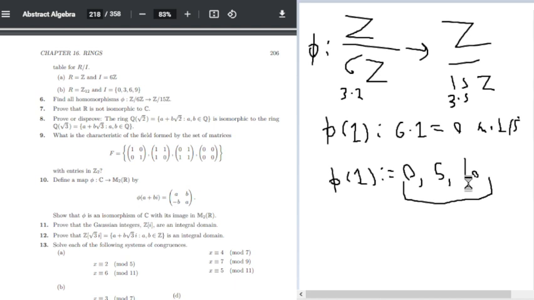To determine all ring homomorphisms, are all these homomorphisms ring homomorphisms? That's the important question here. Final homomorphism, Z over 60 to Z over 15.